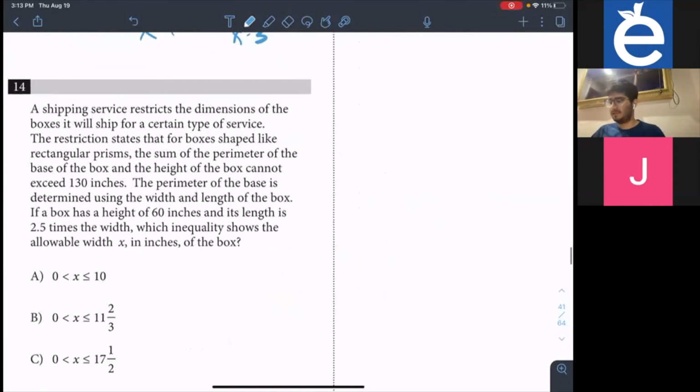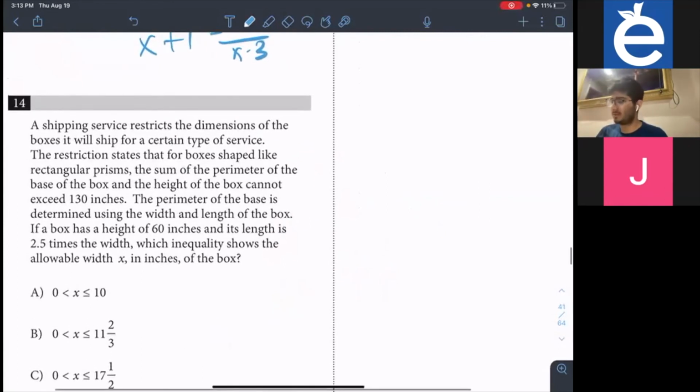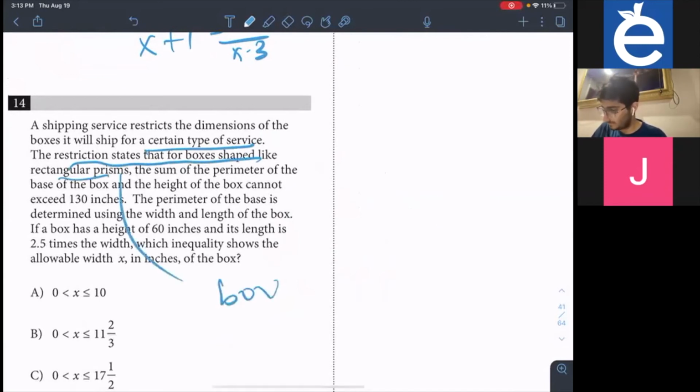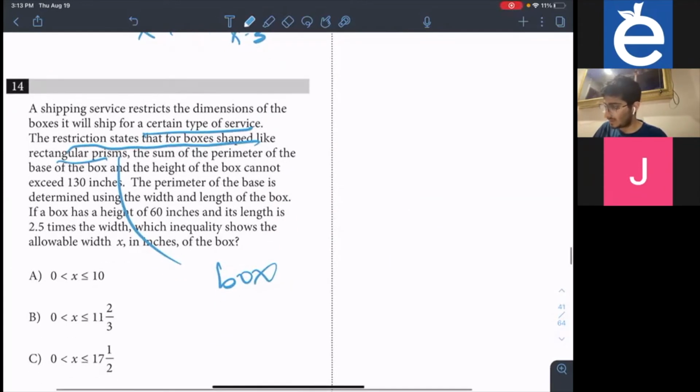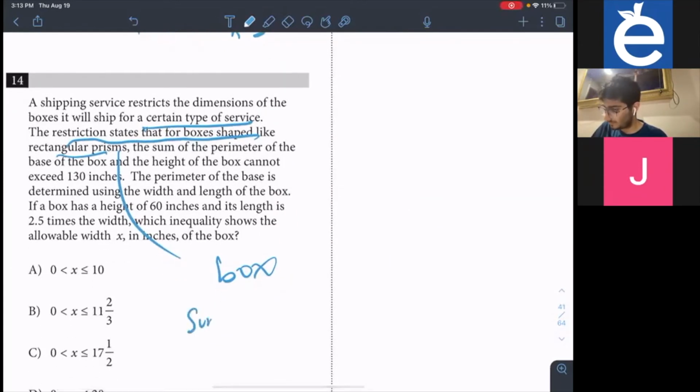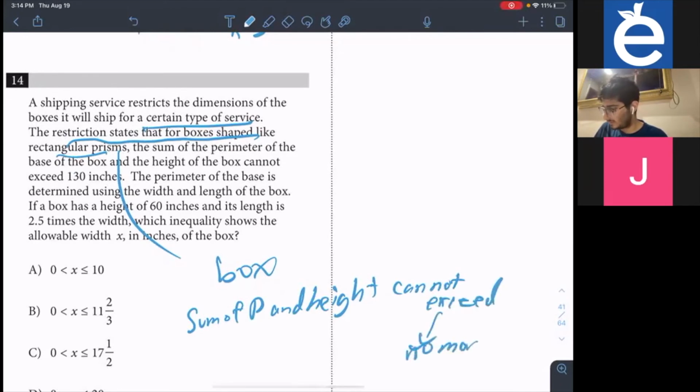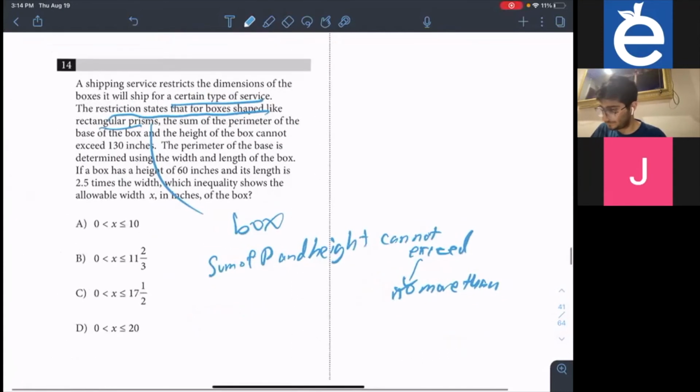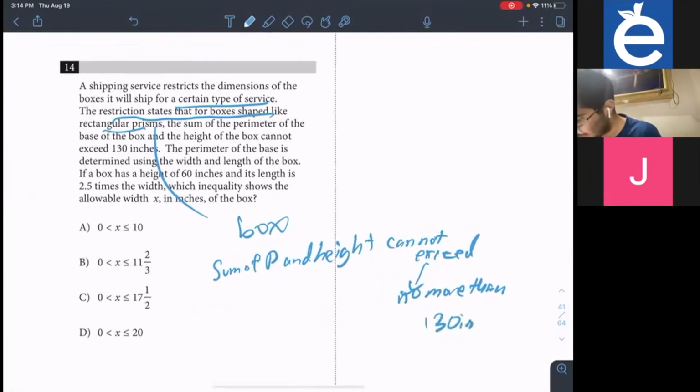Okay, question 14. A shipping service restricts the dimensions of the boxes it will ship for a certain type of service. The restriction states that for boxes shaped like a rectangular prism, which is a box, the sum of the perimeter of the base and the height cannot exceed, which basically means no more than, 130 inches.